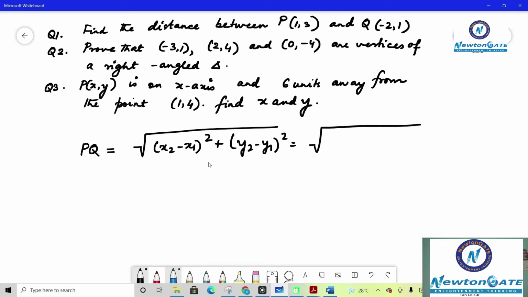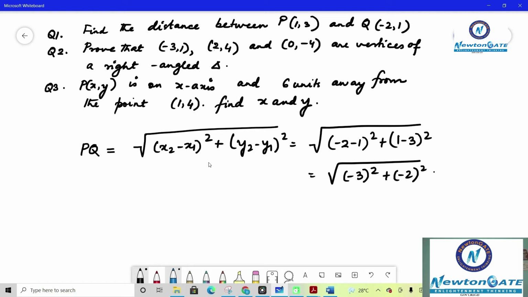So, that gives me minus 2 minus 1 whole square plus 1 minus 3 whole square, so minus 3 whole square plus minus 2 whole square, that is 9 plus 4, root 13 units. Okay. So, this is the first solution.